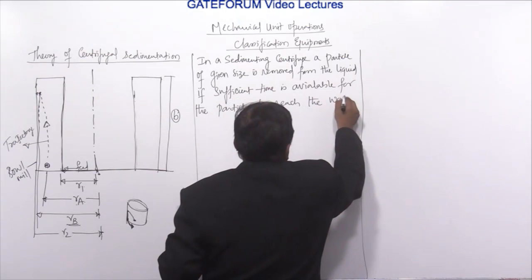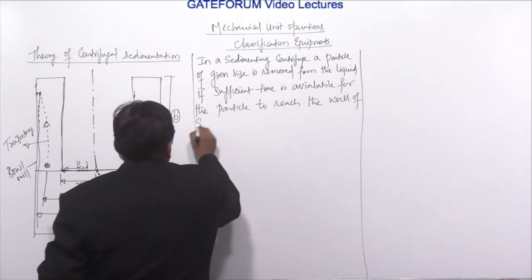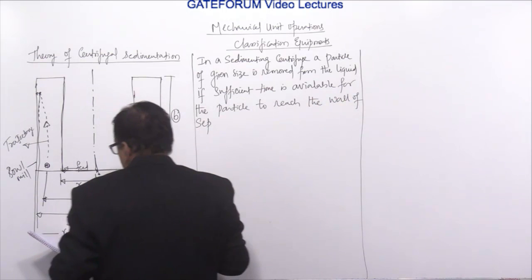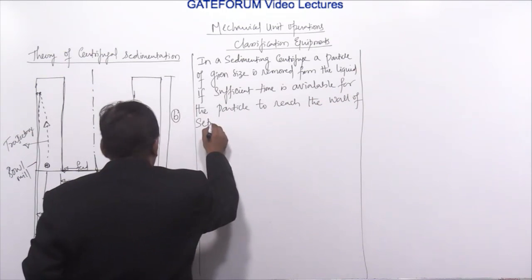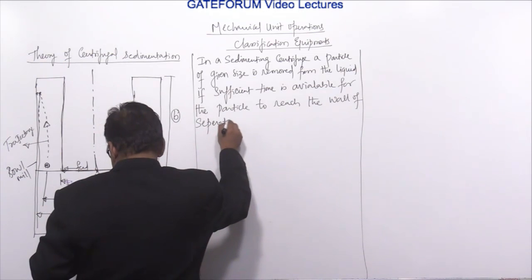This is very, very important. The wall of the separator bowl means R2. It has to reach R2, the separator bowl.